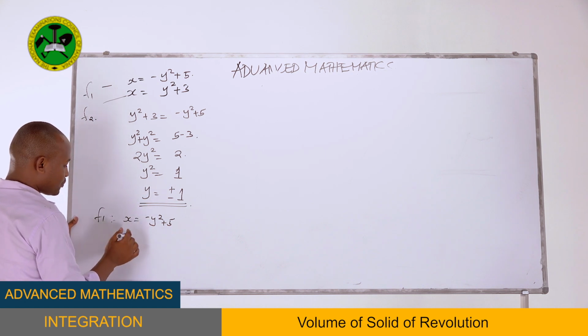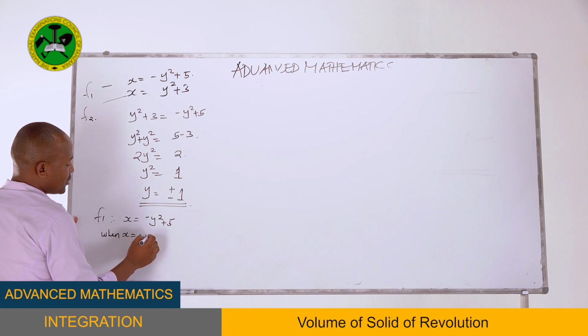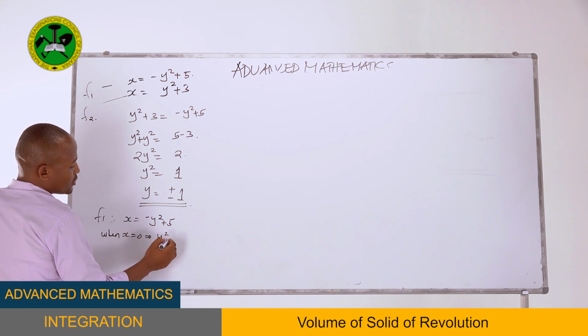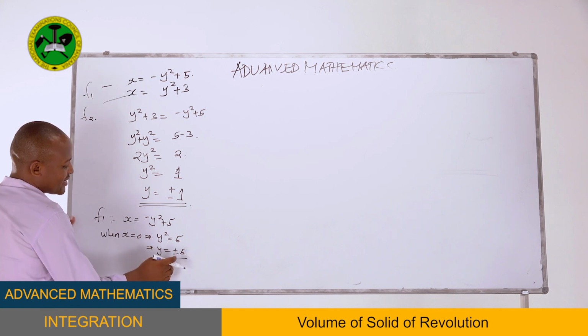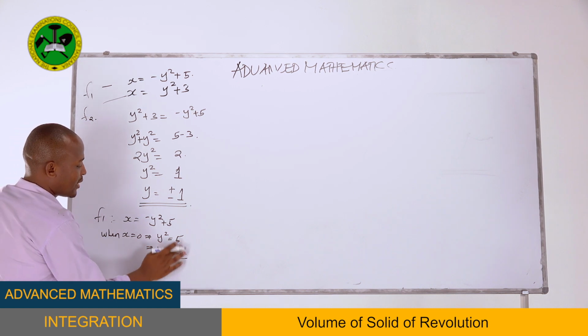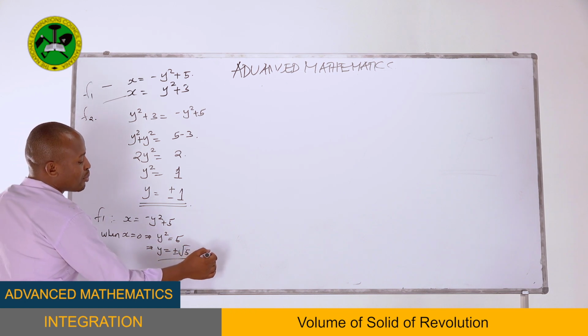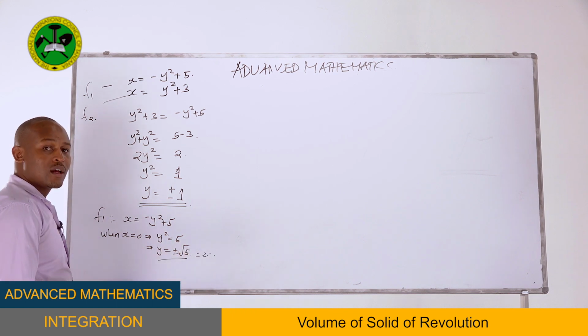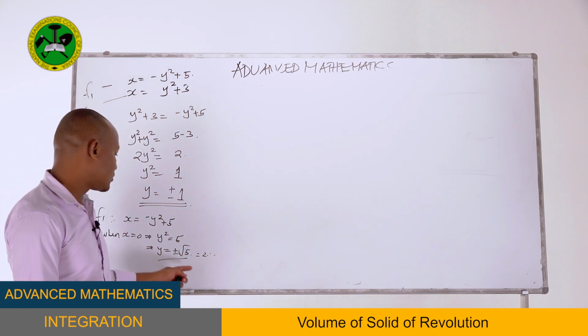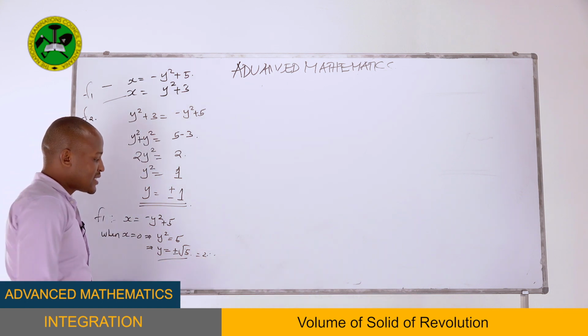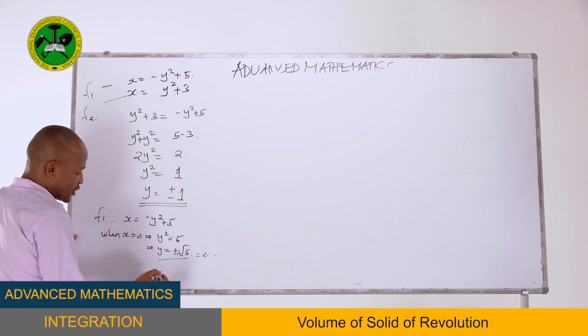When x equals 0, it implies that y square equals 5, and then y equals plus or minus the square root of 5. That means it's about 2 point something, because we know that 2 square is equal to 4. So the square root of 5 is just 2 point something, and we can sketch somewhere there.